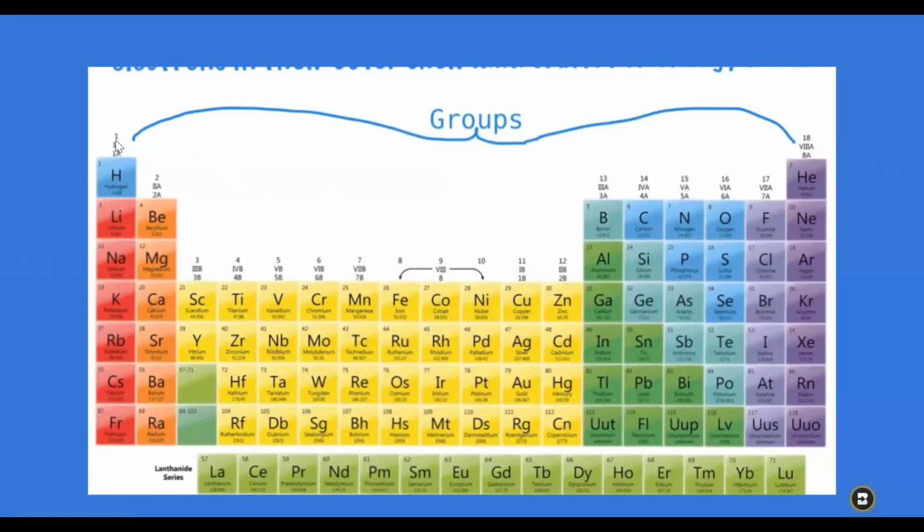If you look at the numbers on top, there are 18 groups: 1, 2, 3, 4, 5, 6, 7, up to 18. These are sometimes called families because each group has similar characteristics or similar properties. Because of that, they are also called families.